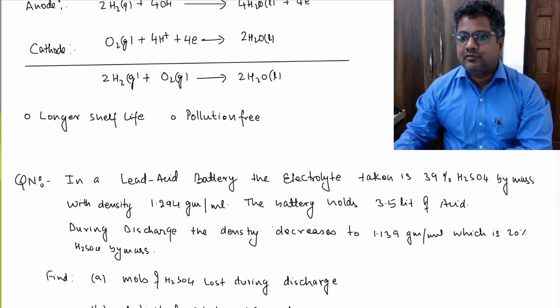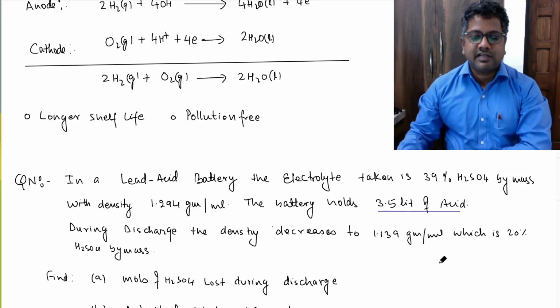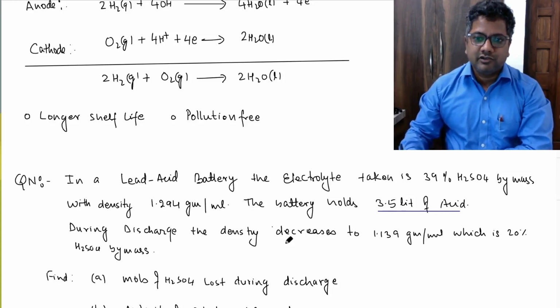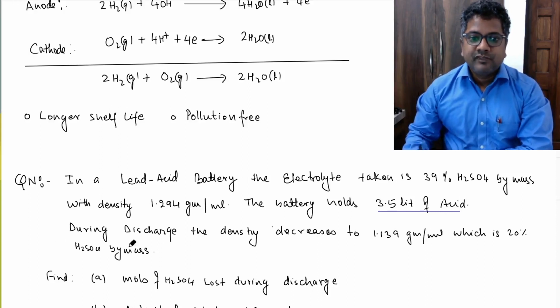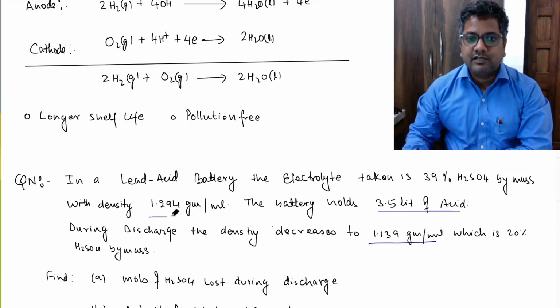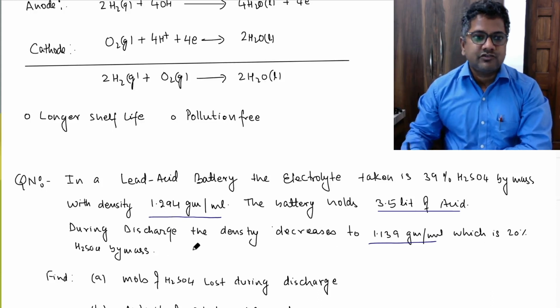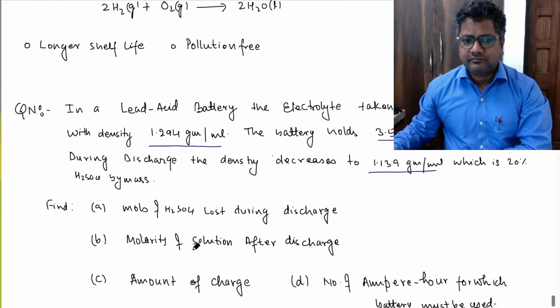We are assuming here that the volume remains constant during charge and discharge, so there is no change in the volume. During discharge, the density decreases from 1.294 grams per ml to a value corresponding to 20% H2SO4 by mass, right?